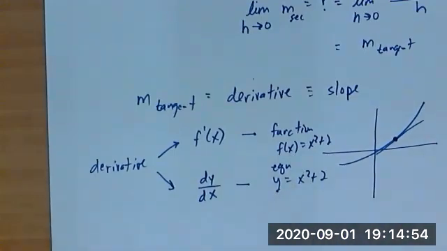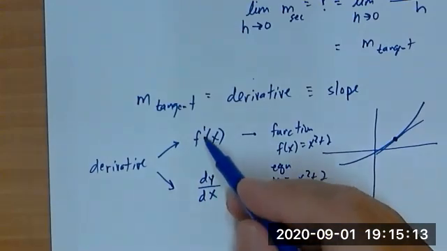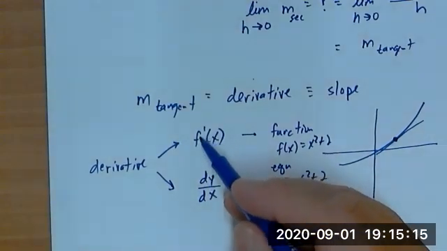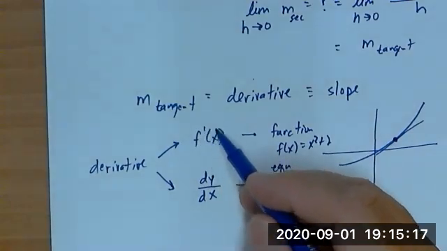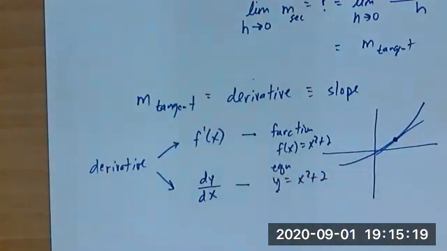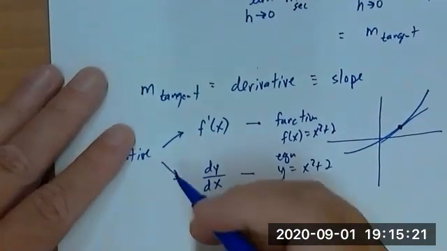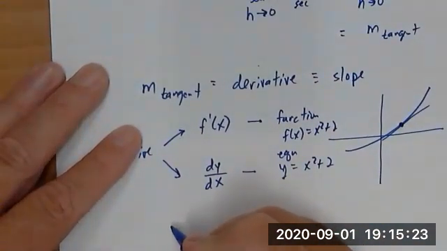You know by now f of x and y are swapped back and forth all the time. If you're given an equation like this, y equals x squared plus 2, and they say to find the derivative, then a lot of times they write like this, dy dx, because you have a y and an x here. Once again, these are identical. So therefore, let me just write it in function notation.